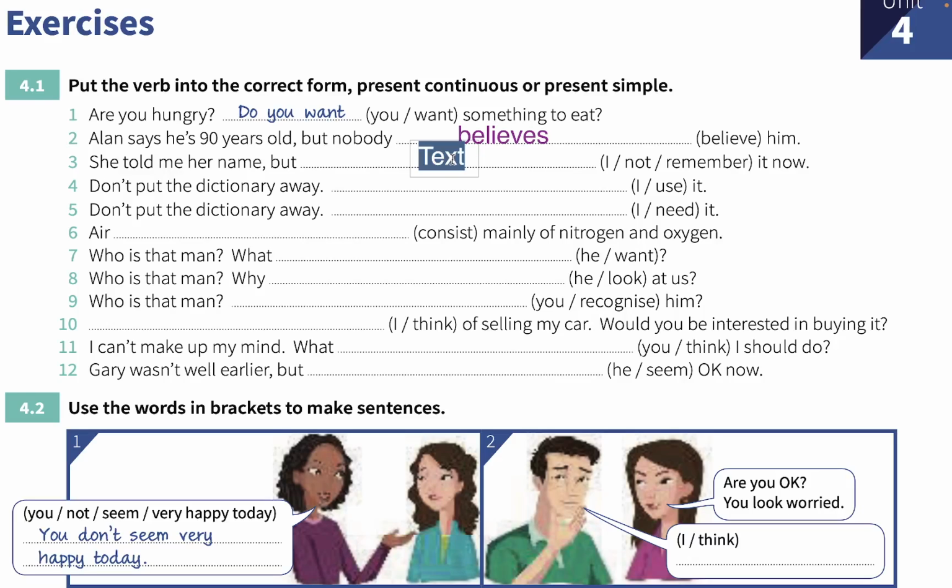She told me her name, but I don't remember it now. Yes. It's I don't remember it now.